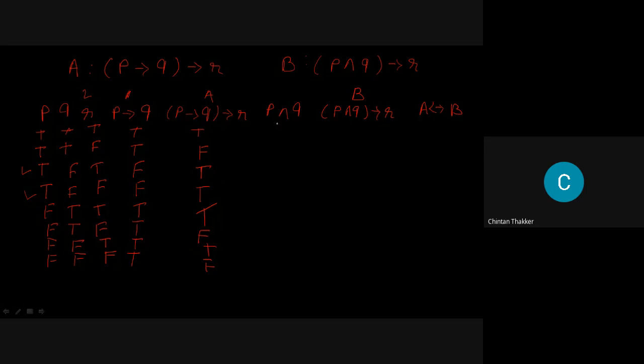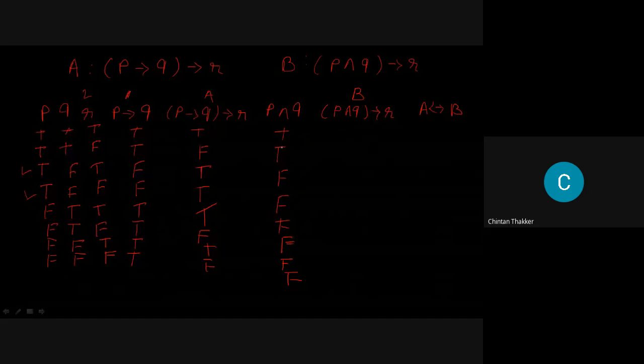Now P and Q. P and Q is T, F, F, F, F, F, F, F. Now P and Q implies R. The first two we have to check. The remaining are F, so no need to check R. We can write directly true.